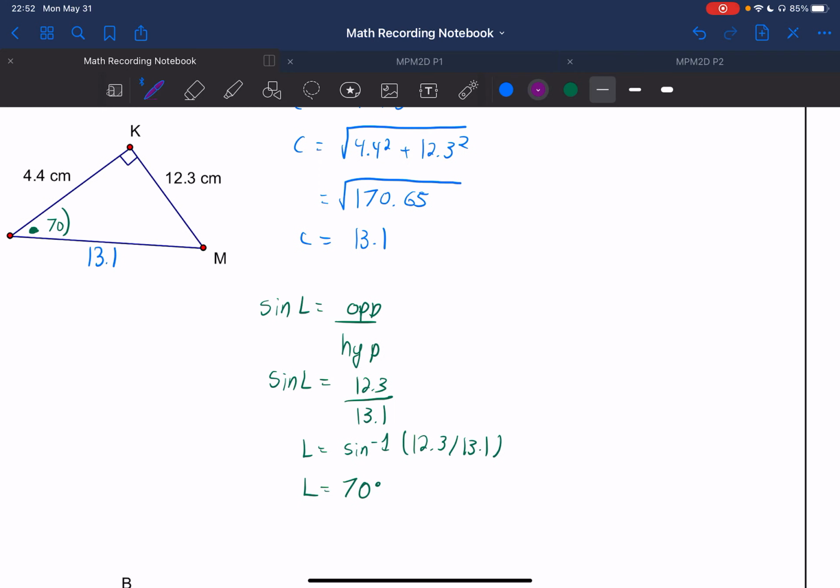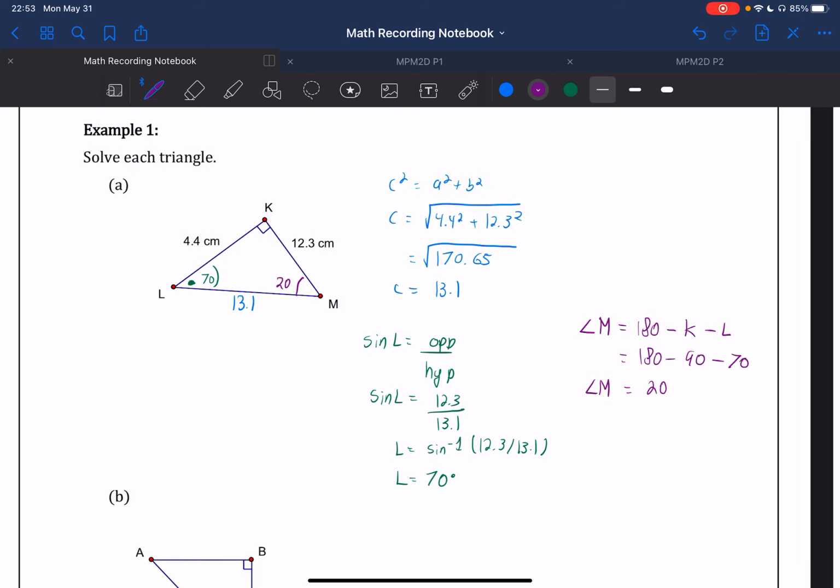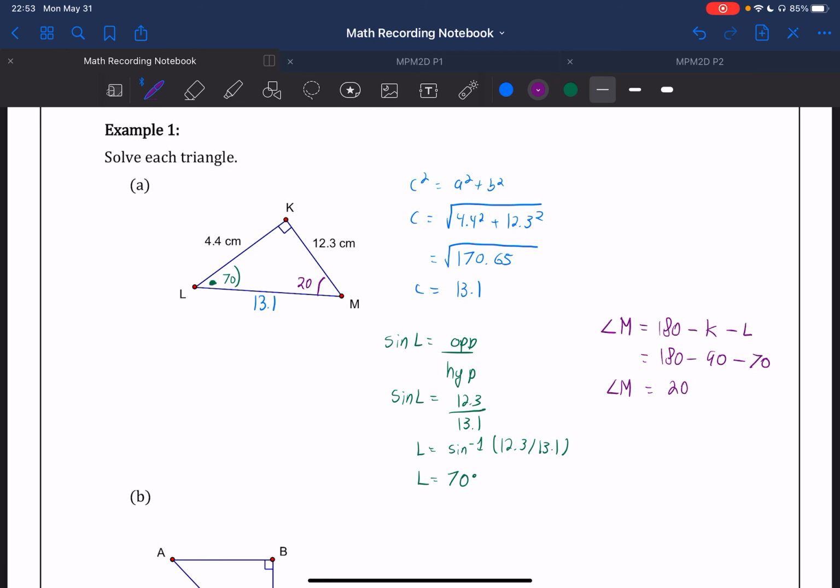So in this case, the angle M that we're still trying to find is equal to 180 minus the angle of K minus the angle of L. So it's 180 minus 90 minus 70, which leaves us with an angle of 20. So the angle of M is 20, and we can put that in right here. So that's how you go about solving a triangle. You use the tools available to you.